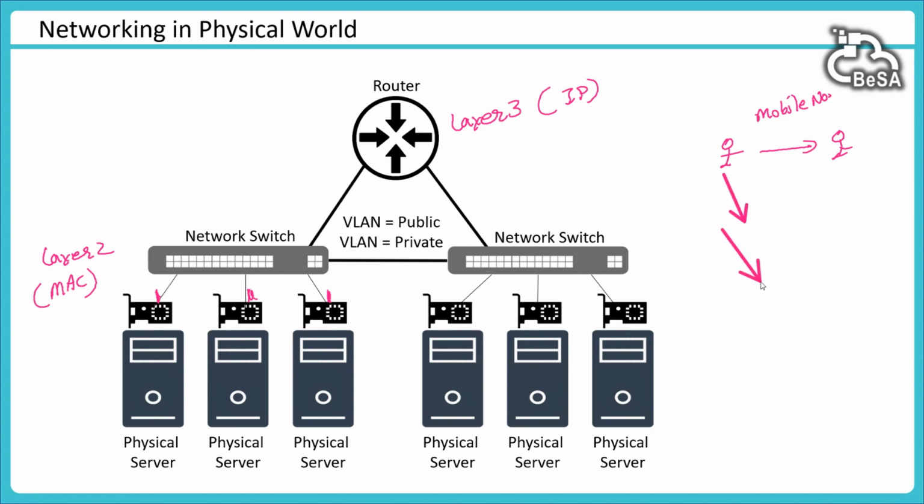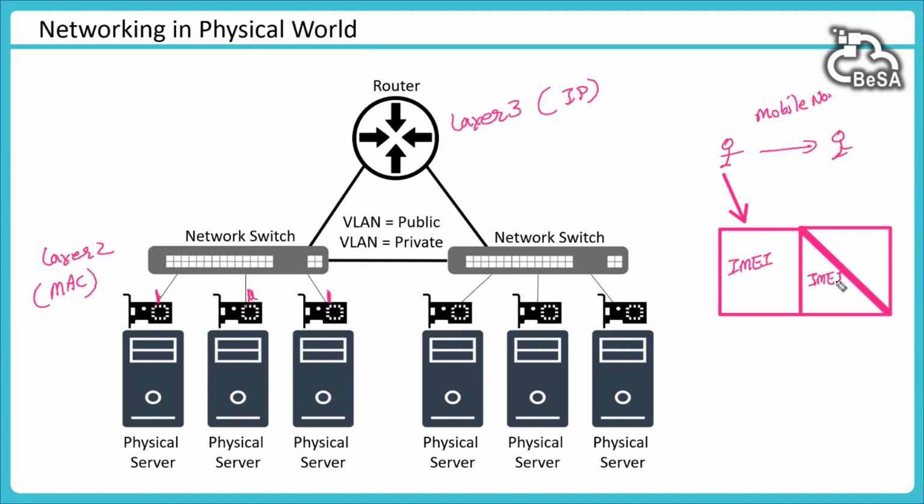The service provider registers the IMEI number of my mobile which is making the call, and that IMEI number is making a call to another IMEI number of another person. Right. This is the service provider's or your mobile provider's view. This is your view that you are making a call. So what is happening behind the scene is your switch talking in terms of MAC addresses, the physical addresses. What is happening here is your router talking in terms of IP addresses, right?